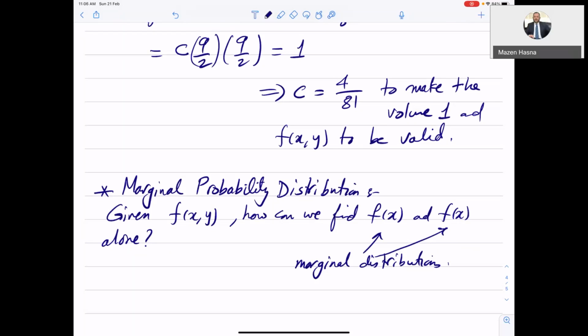You want to study the weight individually. You want to study the length of the product individually, aside from all other random variables. So we'll talk now how to calculate the marginal probability distribution from the joint probability distribution.